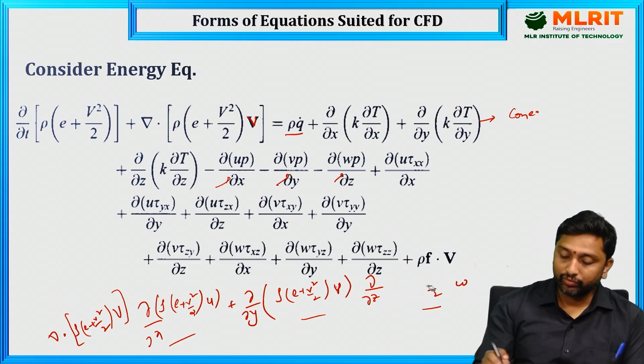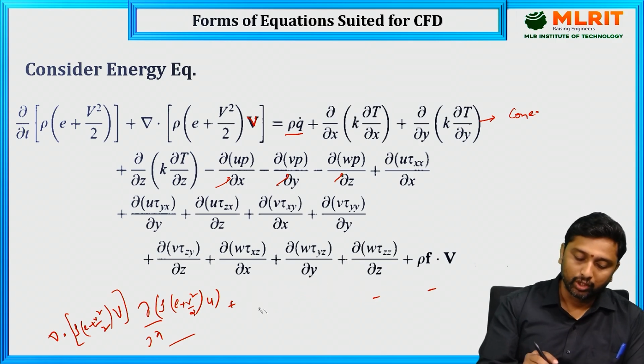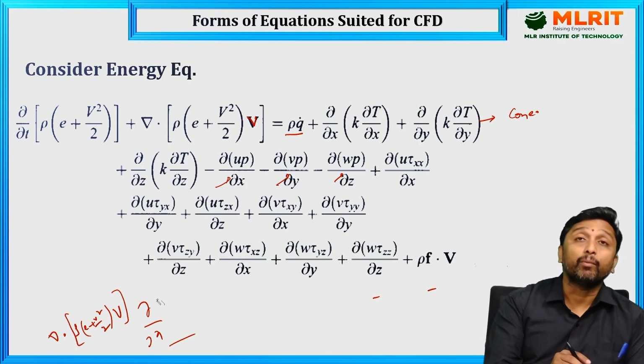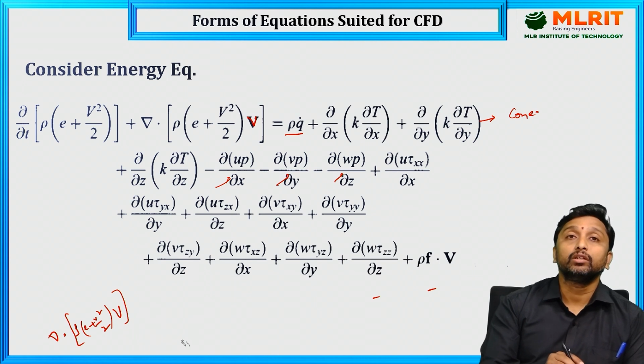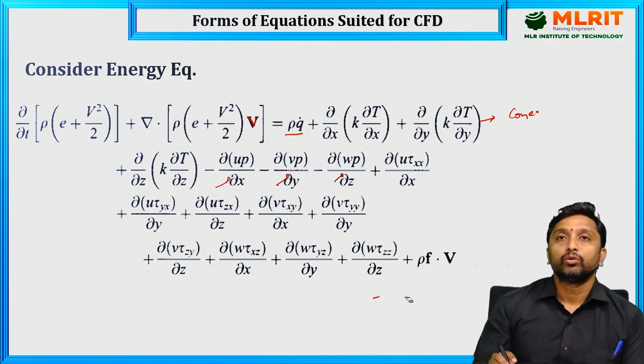So now if you observe all these equations which we have discussed, we want to unite them or combine them into one single equation or one single set of equations. So that is the form of equation we are trying to look at.